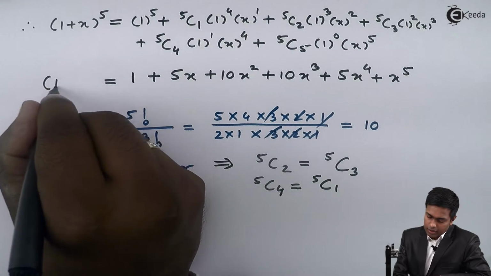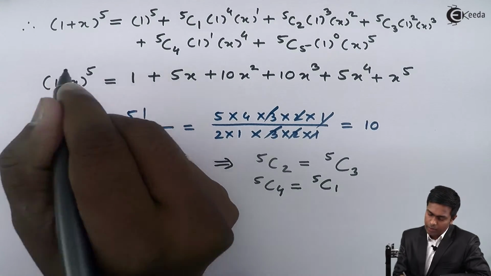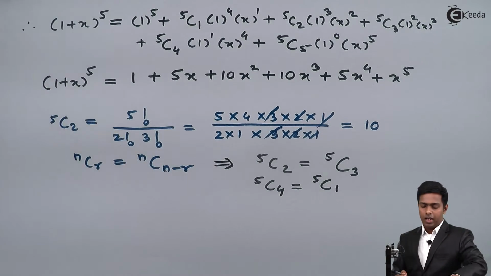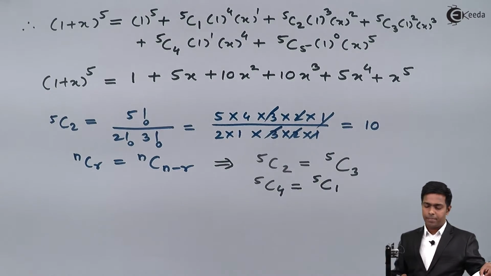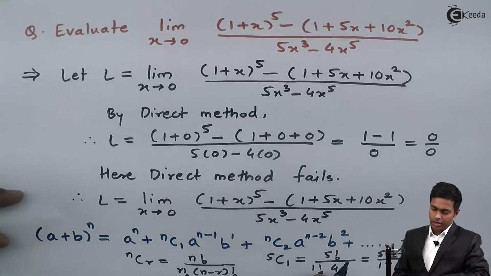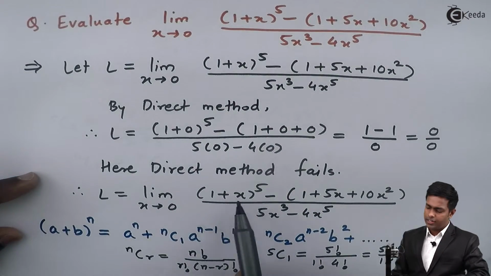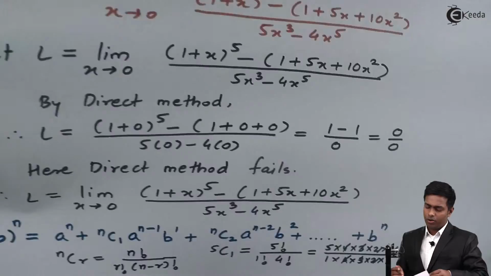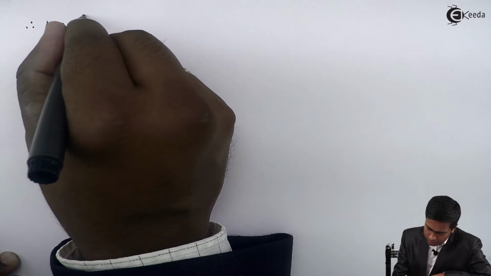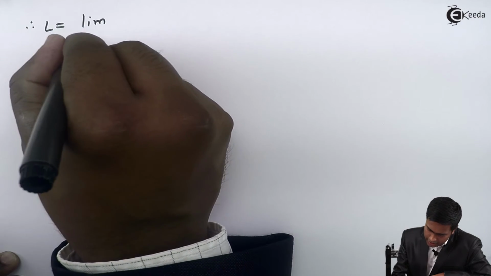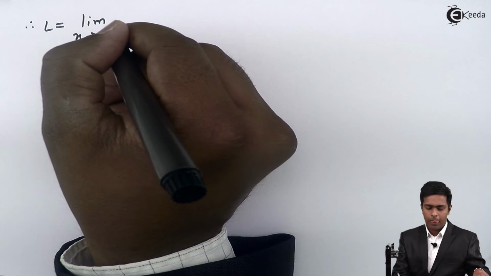So we got the expansion of 1 plus x raised to 5. And now I will substitute this expansion in the limit here in the numerator and will simplify this. So therefore L will become limit x tends to 0.